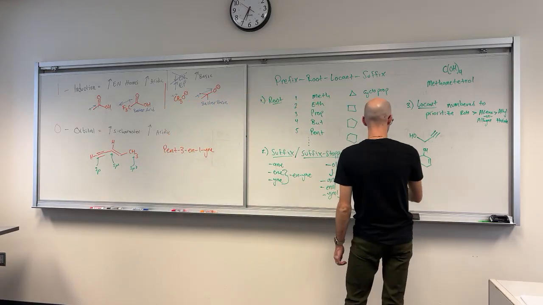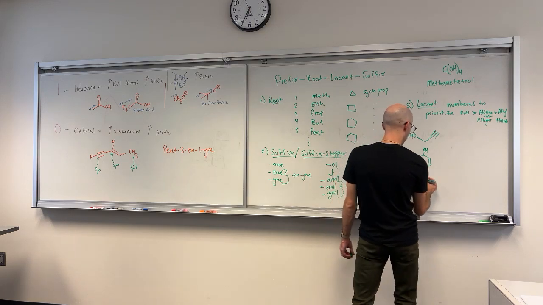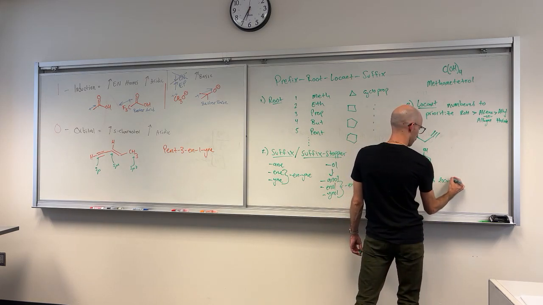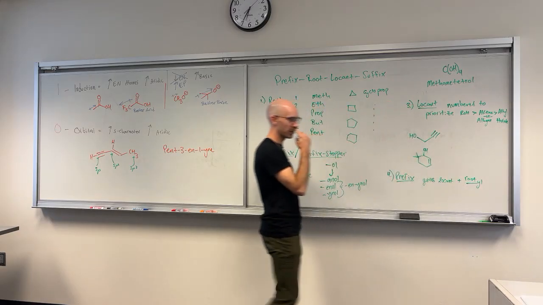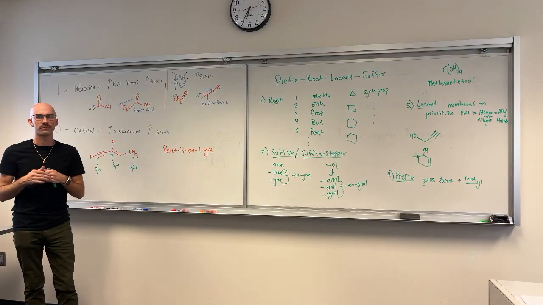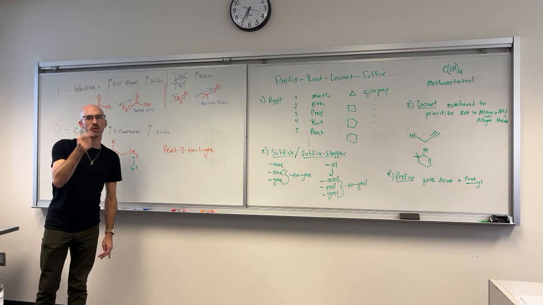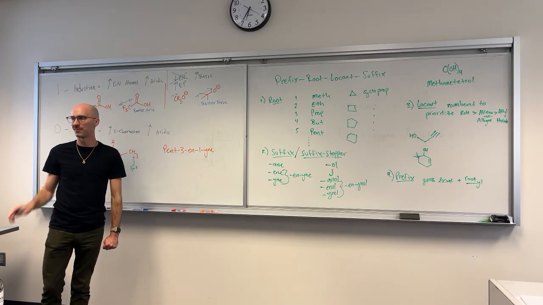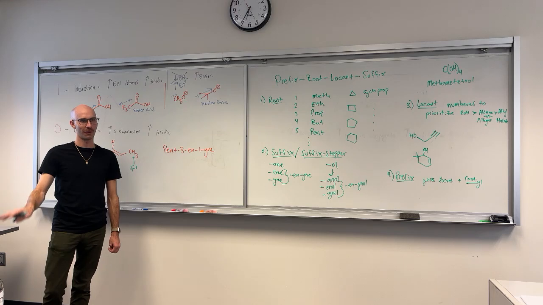So I'm just going to sum that up by saying prefix gets a locant plus its own root followed by yl. That's where we get methyl, ethyl, propyl, unless you get things like chloro, bromo, iodo. You don't say bromoyl, iodoyl.